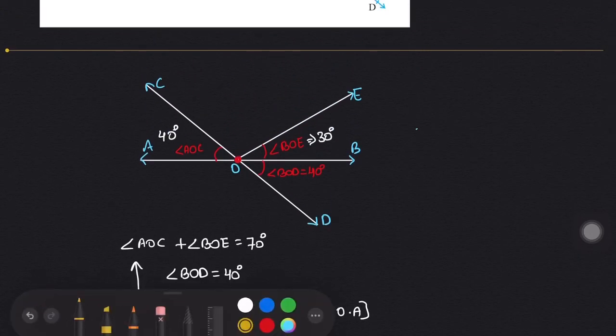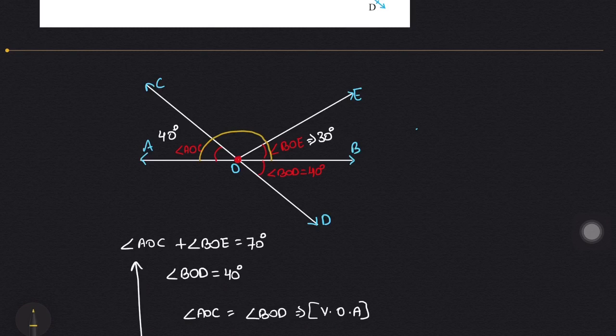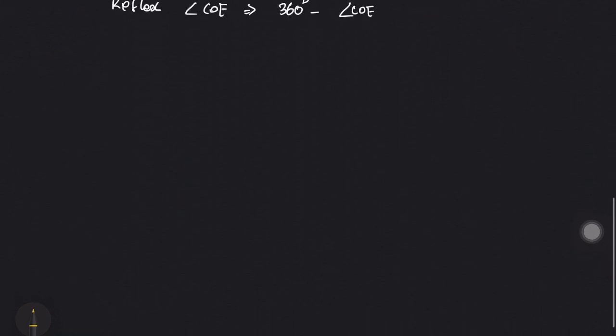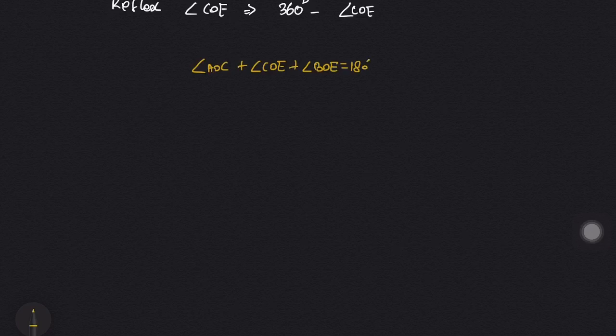This pair is a linear pair. That means angle AOC plus angle COE plus angle BOE, these three angles make a linear pair, that means equal to 180 degrees. Angle AOC plus angle COE plus angle BOE is equal to 180 degrees. So the reason is linear pair.